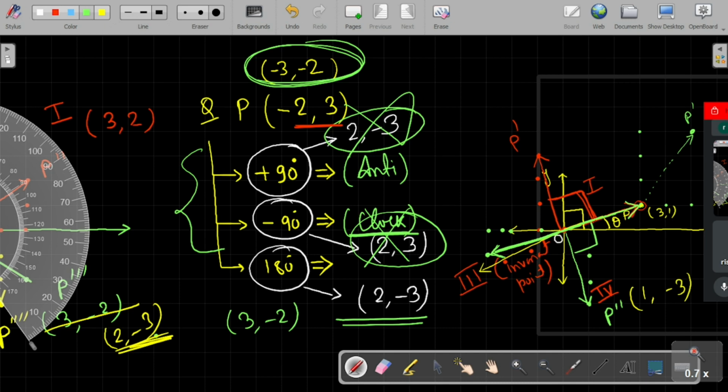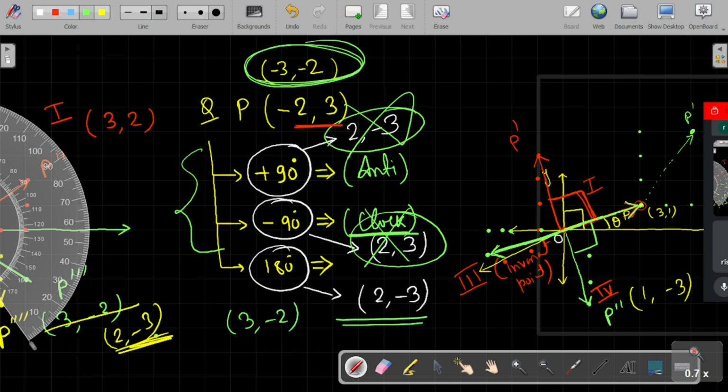Please write it in a statement form. For plus 90, minus 90, exchange the x and y coordinate and put the sign according to the quadrant. I hope you understood.